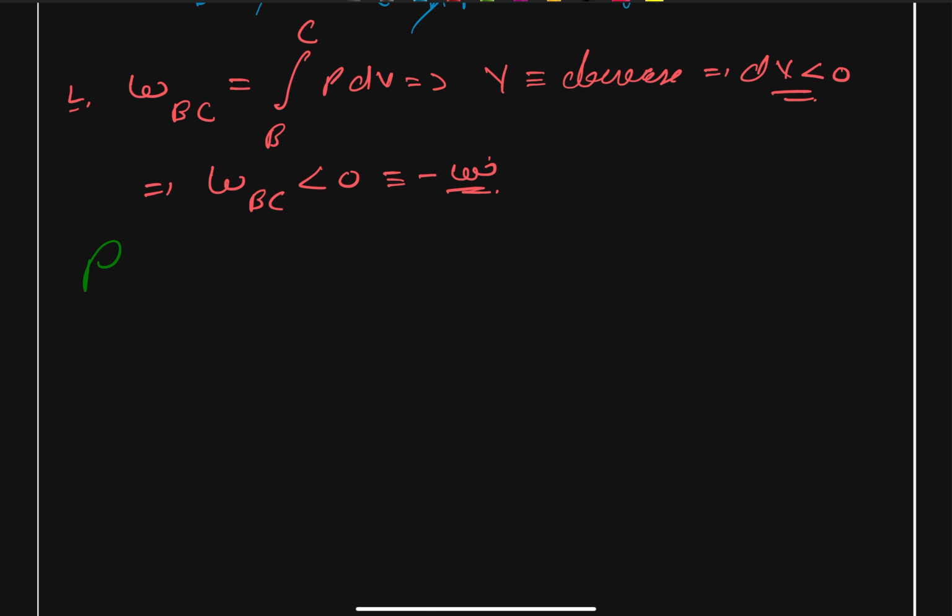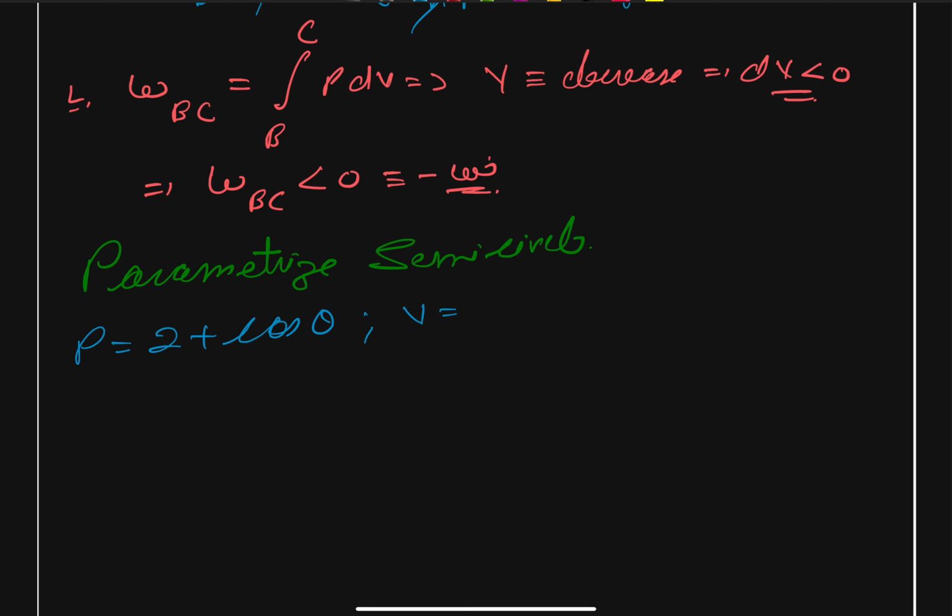So we are going to parameterize the semicircle. For the semicircle, we know that our P is equal to 2 plus cos of theta, and V is equal to 2 plus sine of theta, and here theta is going to vary from pi by 2 to pi.